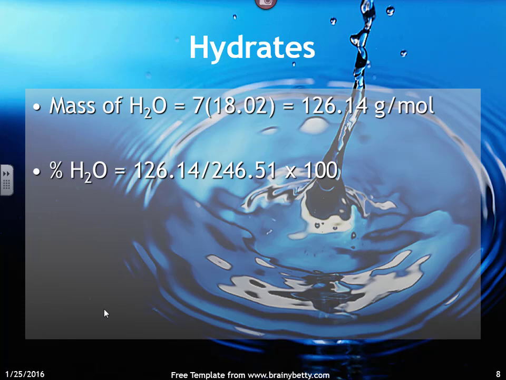Check your sig figs. How many should we keep? 5 total. There's 5 sig figs in each of those numbers. So your percent water comes out to be 51.168%. The part that is water divided by the total times 100.